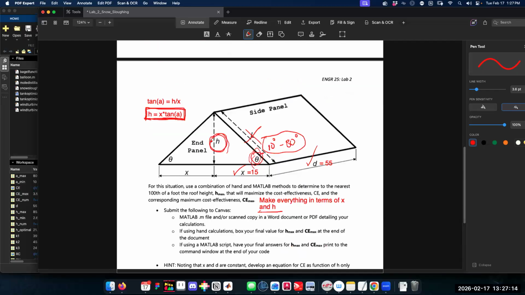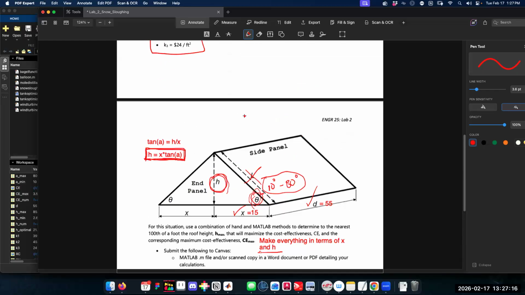Any thoughts, Logan? I had not realized that h is equal to x times the tangent of a. I do want to know though, since we have x as a variable, we're not even really playing around with the angle a as a variable, right?